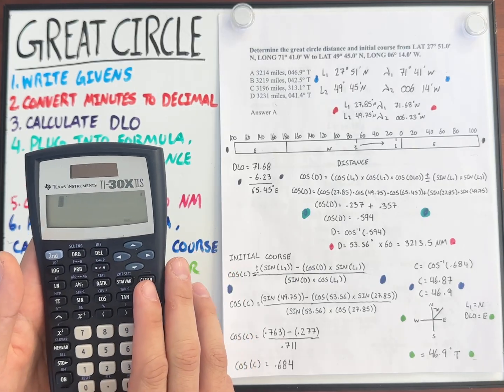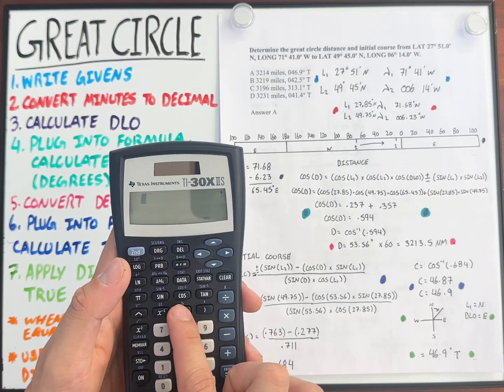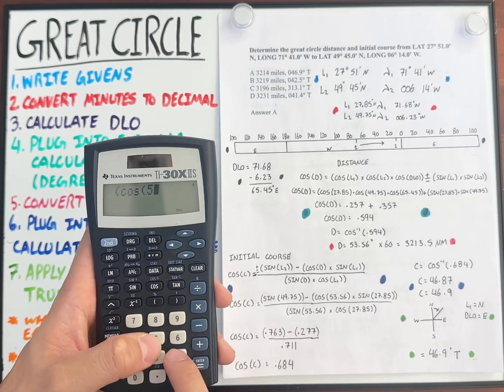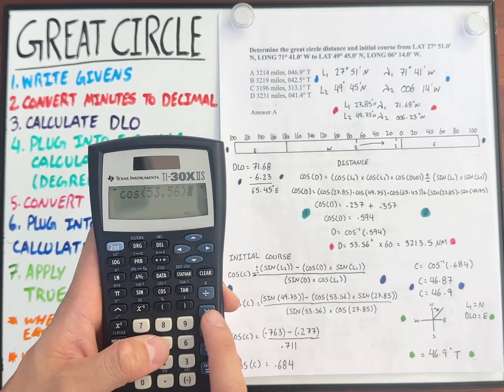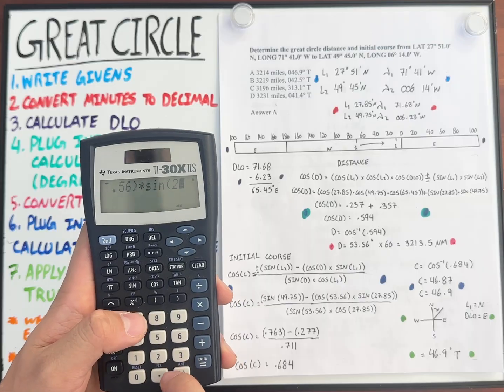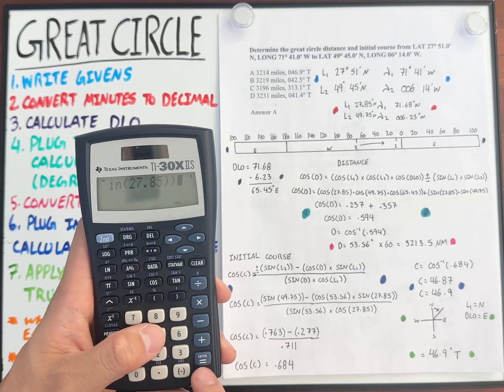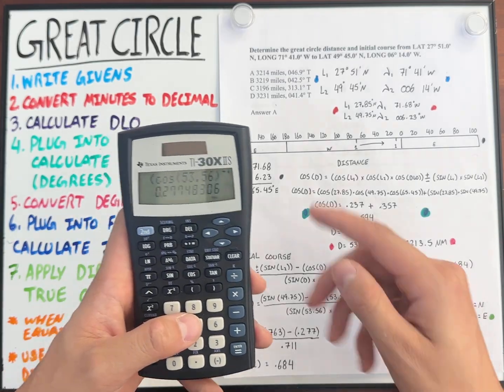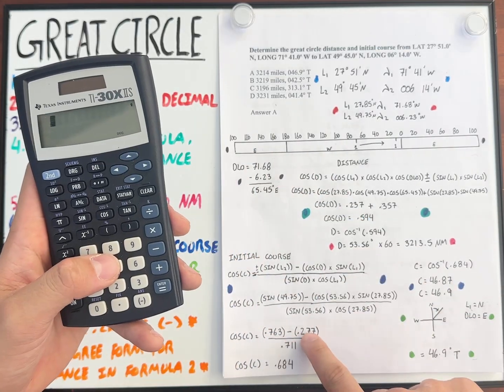The second grouping is minus cosine D, cosine 53.56 times sine 27.85 for a decimal of 0.277. Same thing on the bottom. So you can see I've written that here.